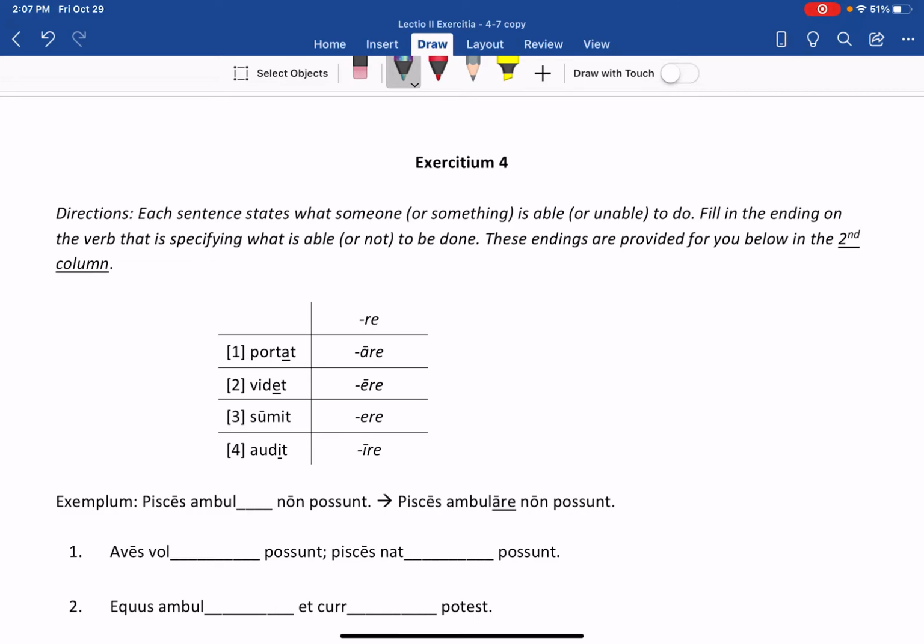So portat, which means he, she, it carries, becomes portare in its infinitive form, and that means to carry in English. That's how we would translate that on its own. And videt becomes videre in its infinitive, and it means to see. And sumit becomes sumere, and it means to take up, to pick up.